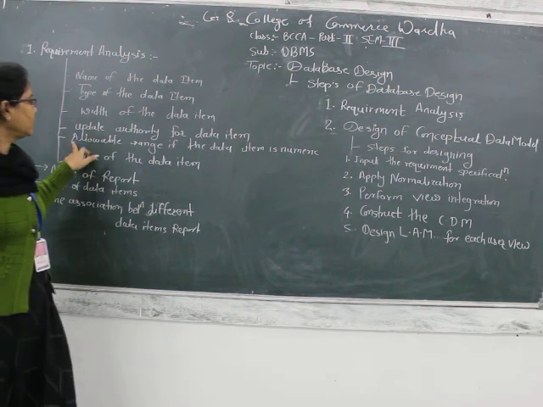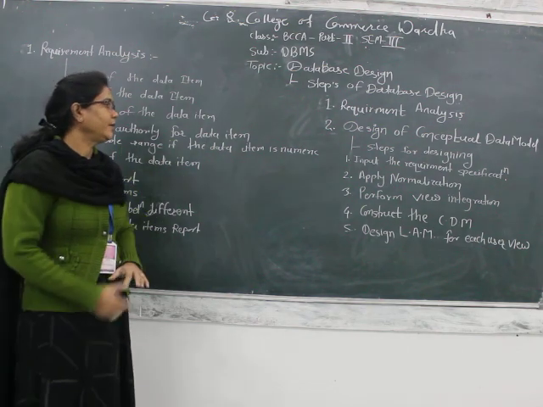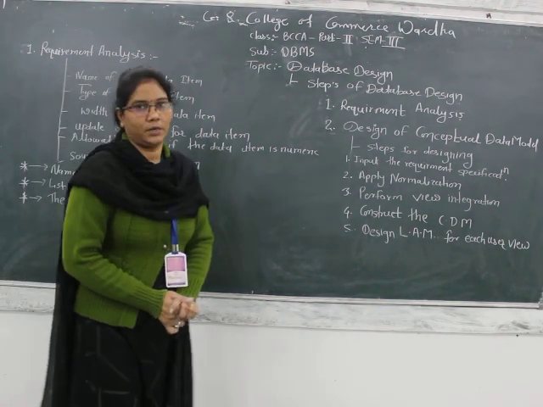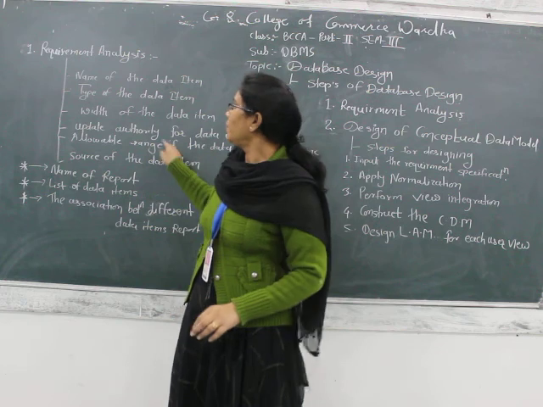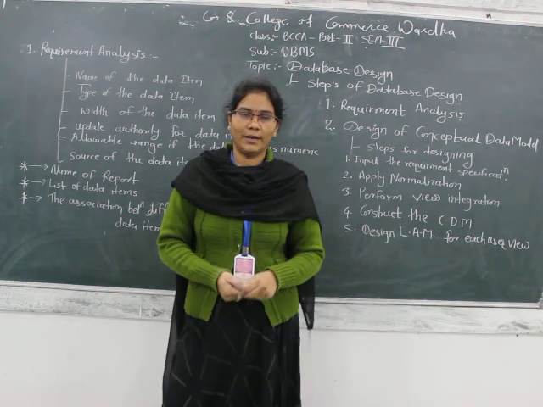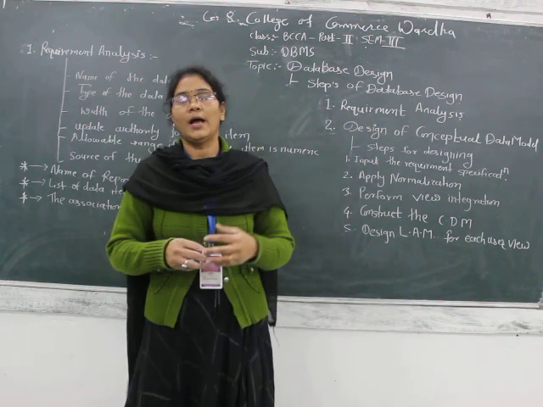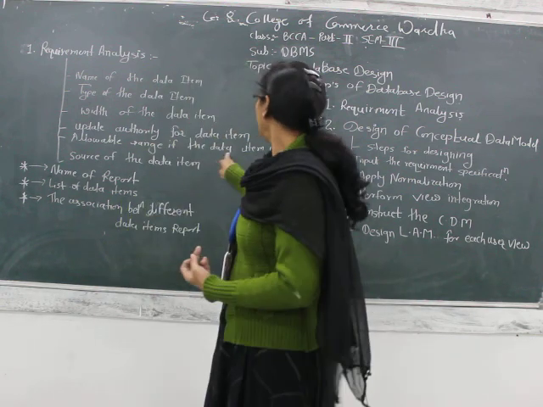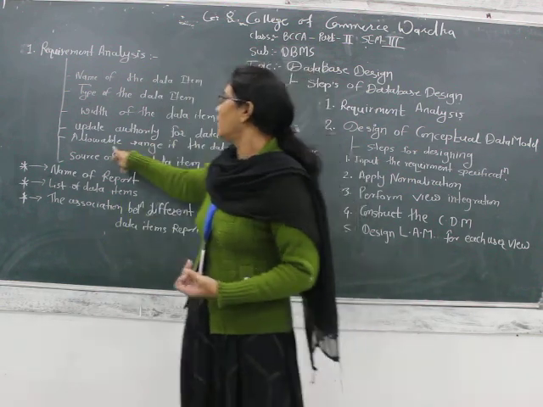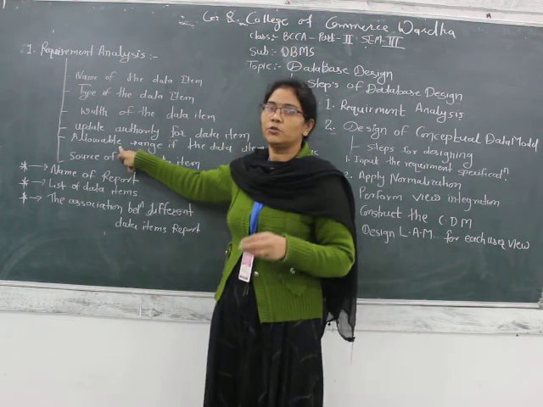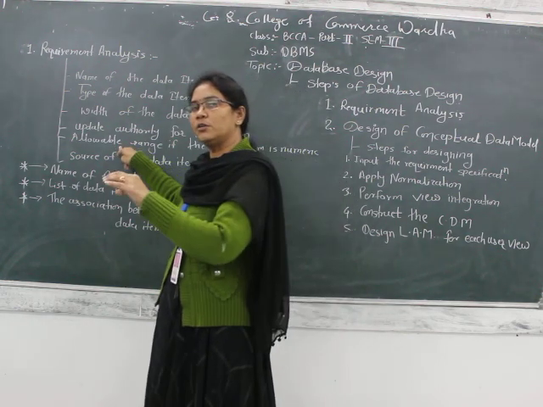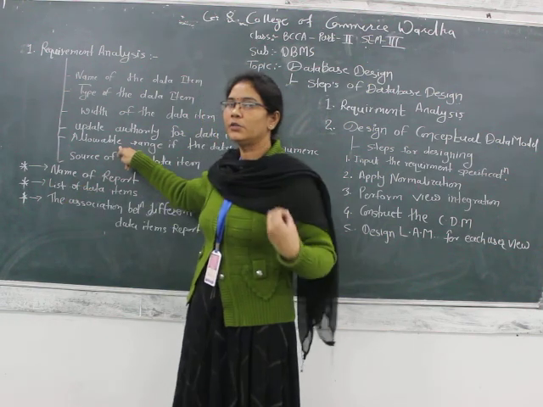So the next one is the allowable range of the data item, if it is numeric. Like I already told you about that, if I want to store the mobile number of the student, then I have to provide the numeric justification or allowable range. So in that particular range only the value can be stored.